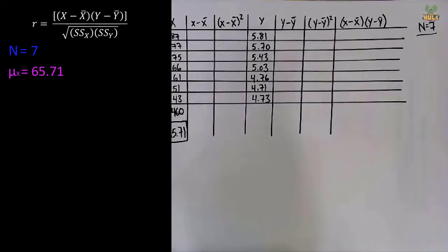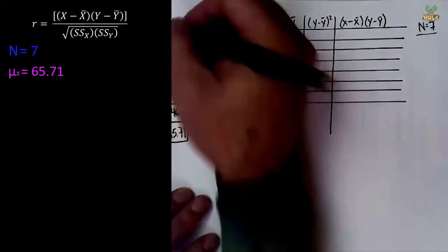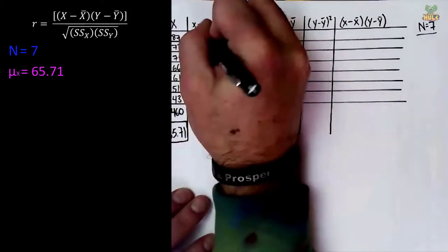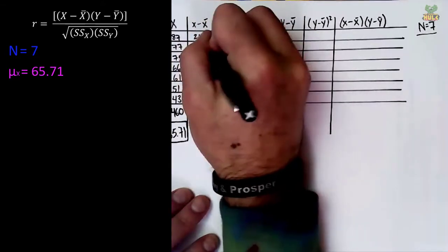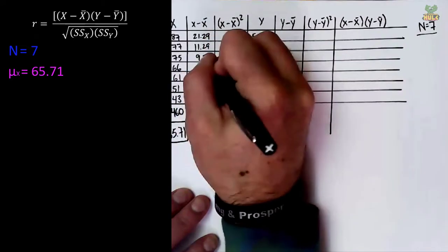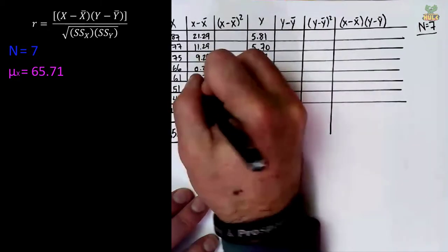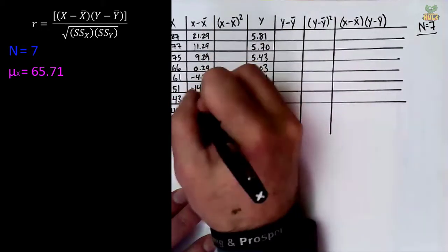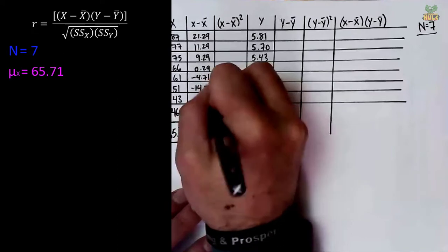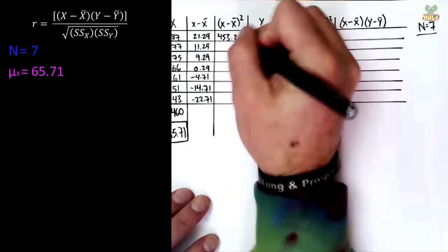Now what we need to do here is subtract off that value. So 87 minus 65.71, 21.29. All right, now we have to square these values, so squaring each of those, make sure that looks like a 6.